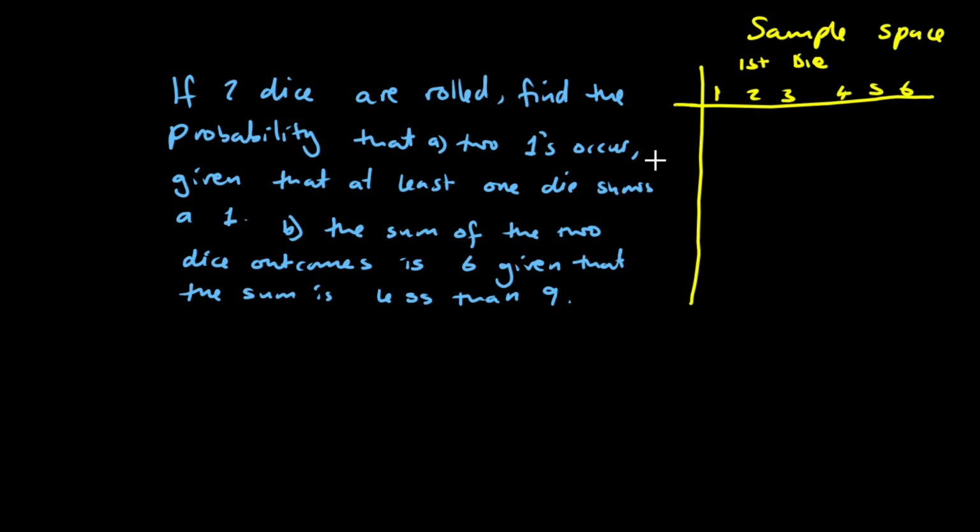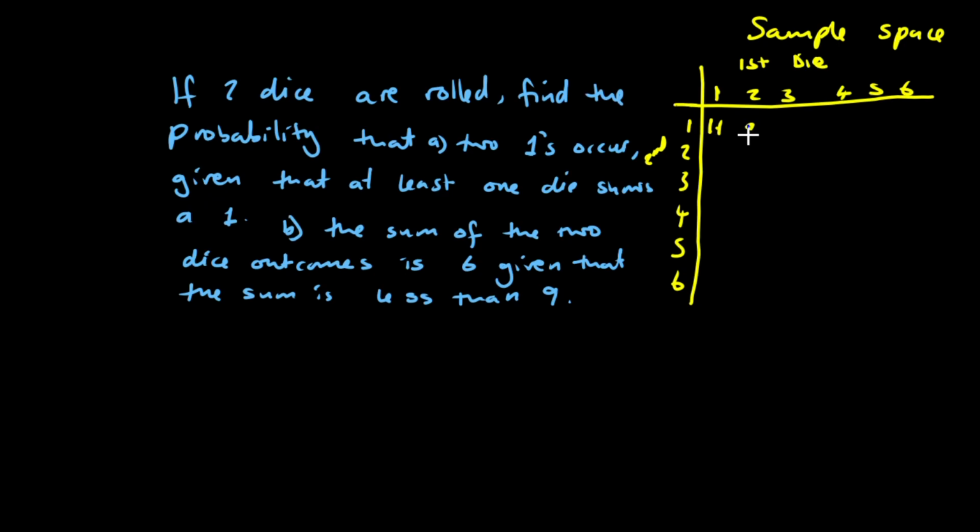And then the second die is also going to have 1, 2, 3, 4, 5, 6. So it's possible that we start with the first and the second, we may have a 1 and a 1, right? This.